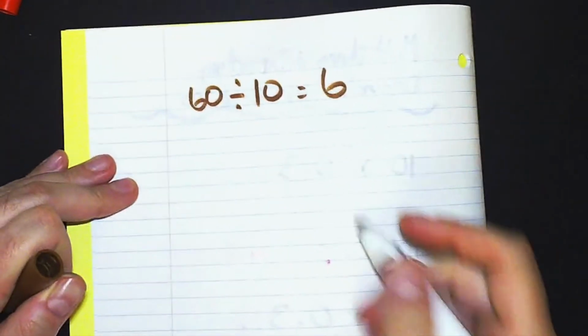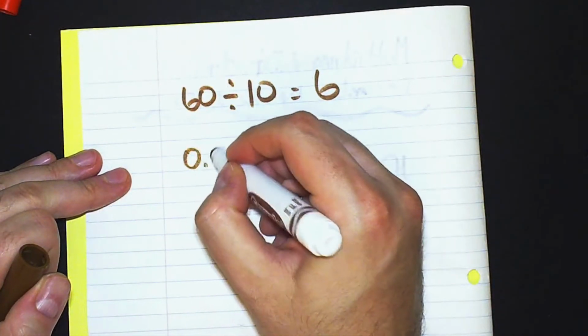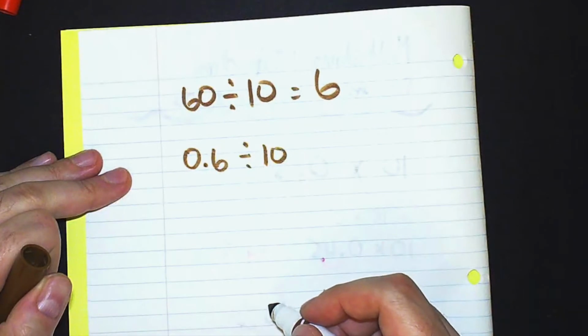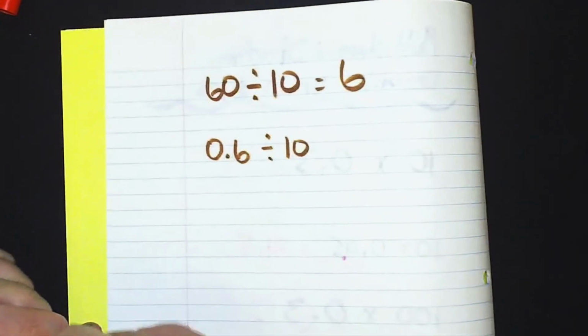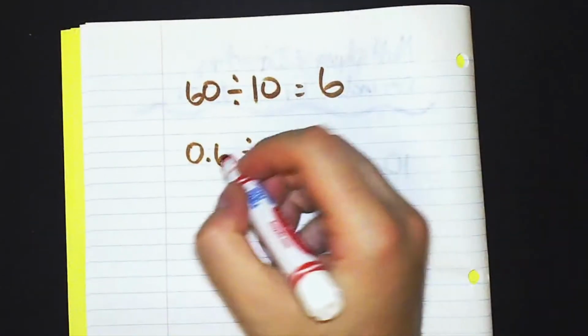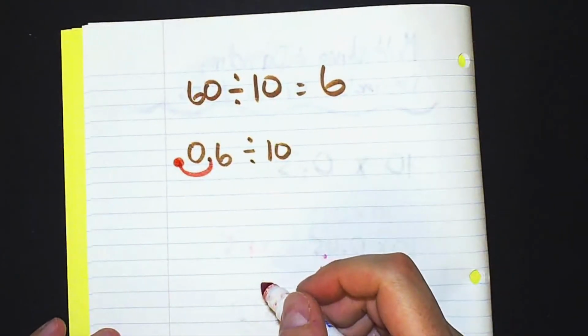Sorry about the glare there. Now let's do it with decimals. 0 decimal 6 divided by 10, okay? What we need to do is take this decimal here and move it the opposite direction.